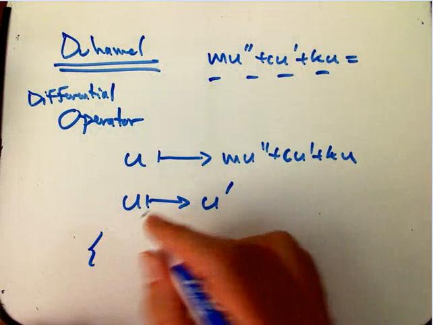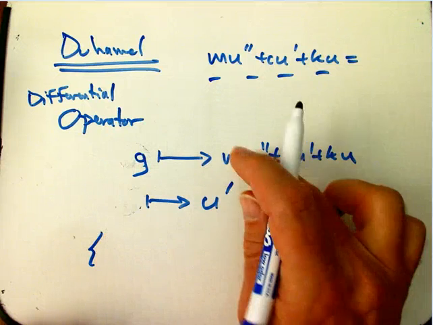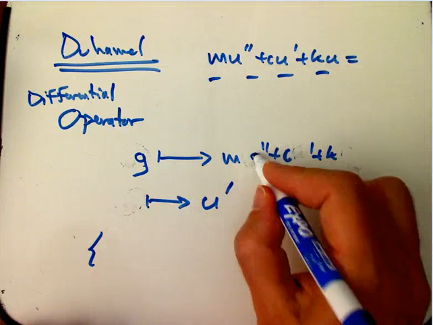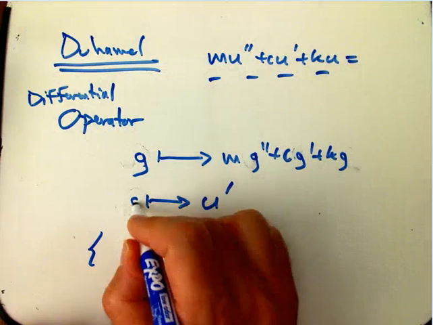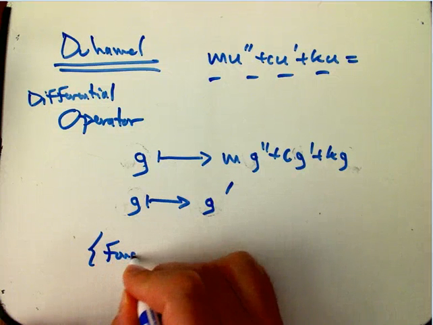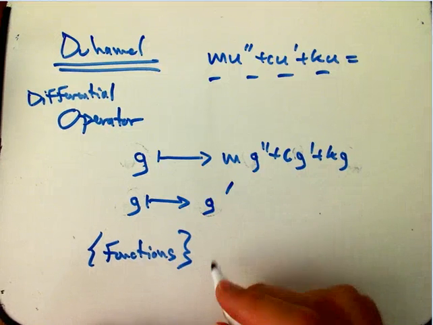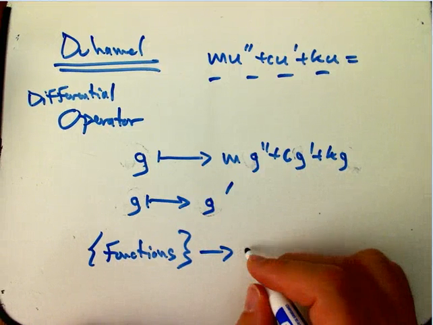Let's say these are functions actually. I usually use u for distribution, so let's say like g. I don't want to muddy the waters, I don't want to make it look too complicated. Let's just say we've got a machine that takes functions, and they have to be pretty decent functions in order for this to work nicely, to take derivatives and things like that, to functions.